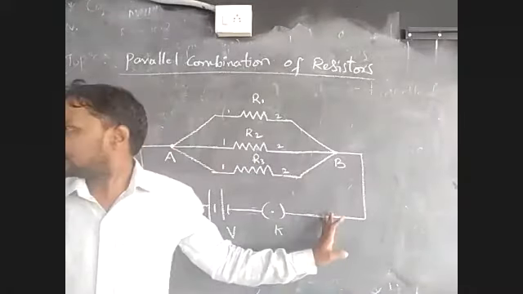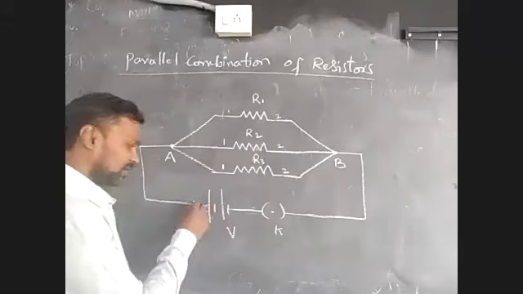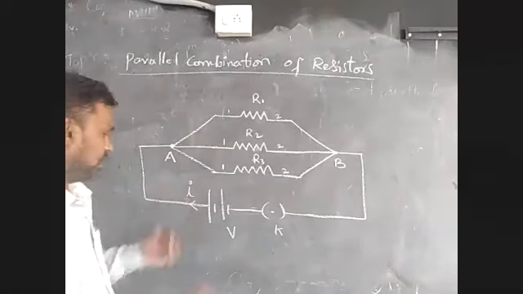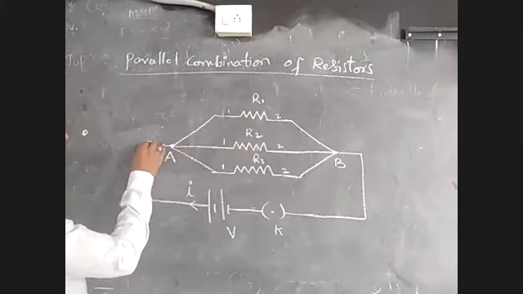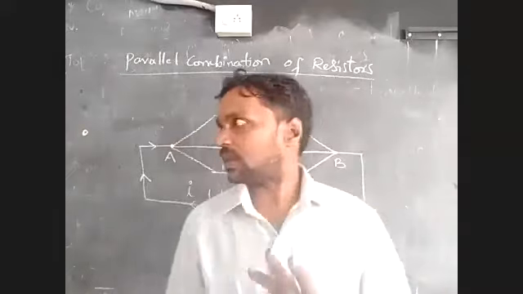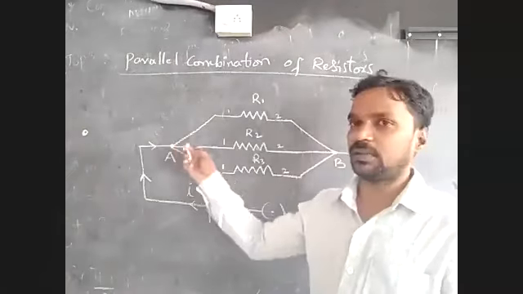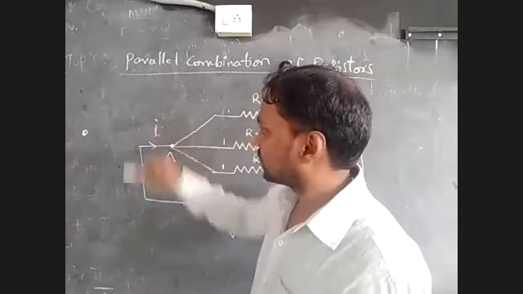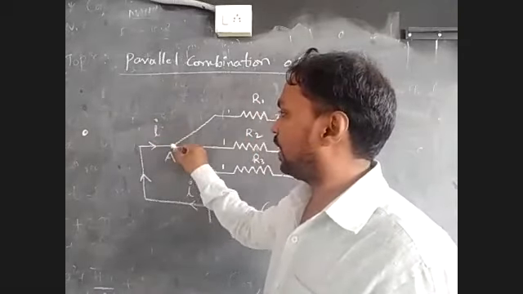Now, consider a current I ampere. I is flowing from the positive terminal of the battery to the negative terminal, which completes the path of the circuit. This is completing the total path. Now this I is coming here. Up to point A, it is okay.